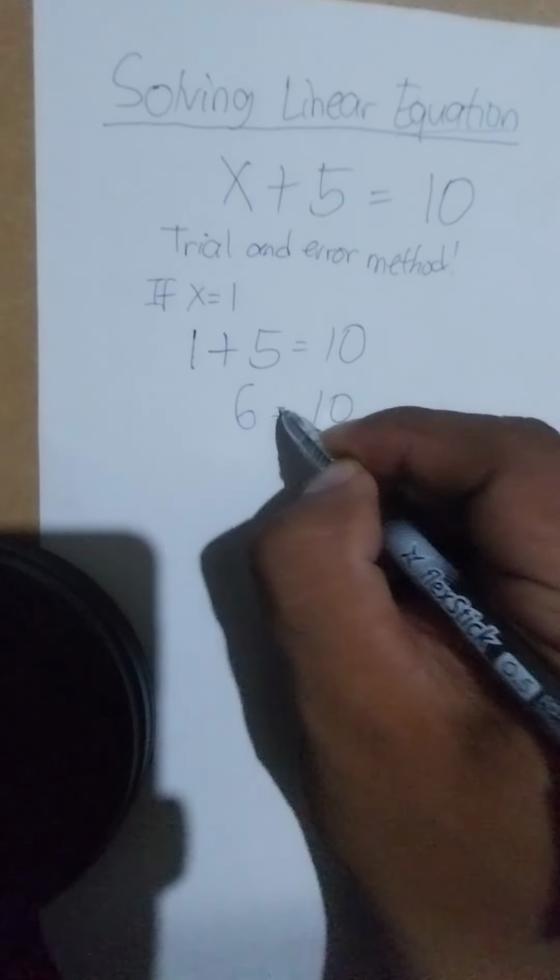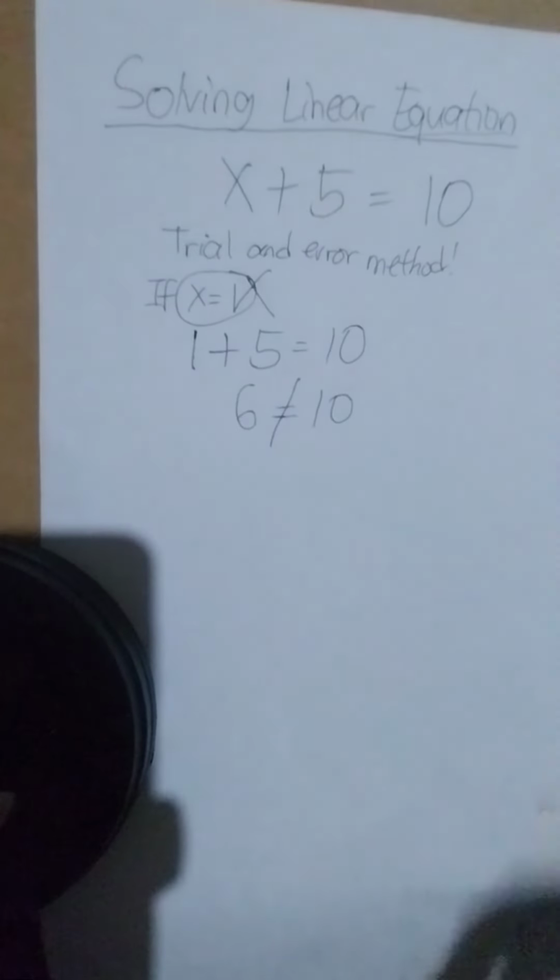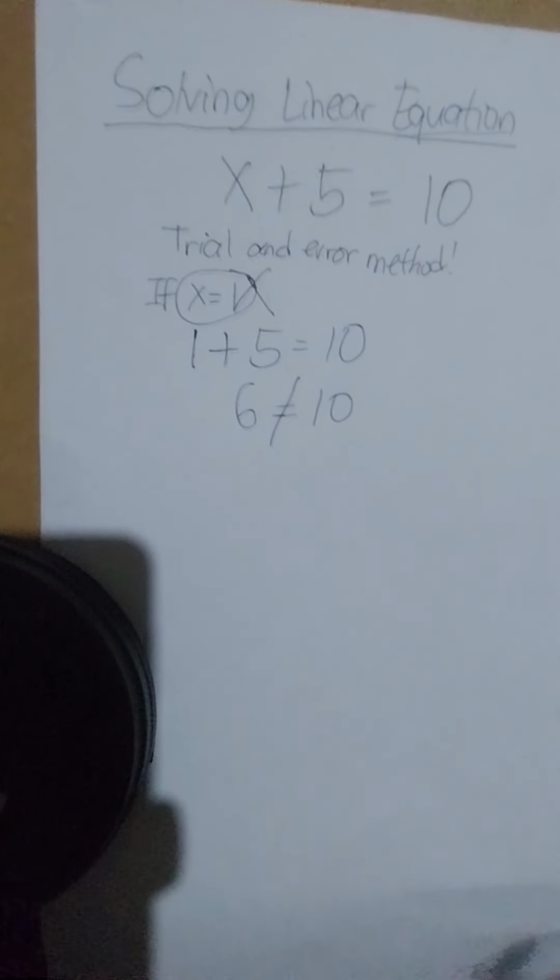Definitely 6 equals 10 is not equal. So this is not the correct answer. The value of x is not 1 because it violates the equation. It violates the two sides of the equation that should be equal to each other.